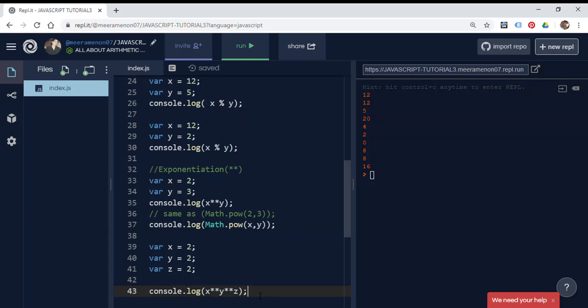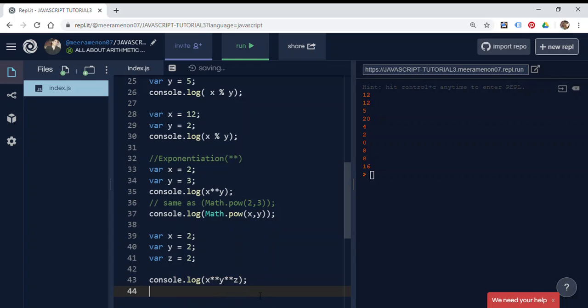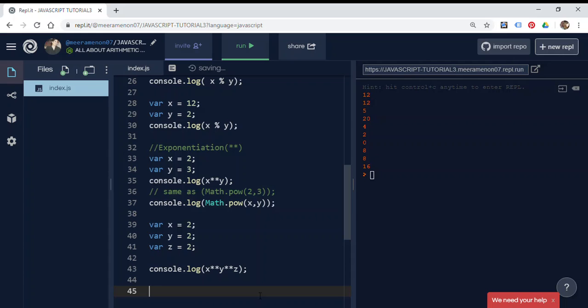Now we have another operator, which is increment. Okay, this is the plus plus.